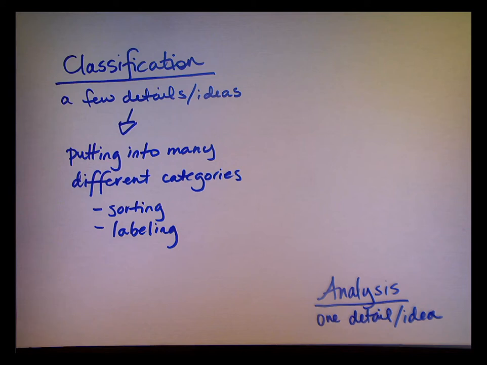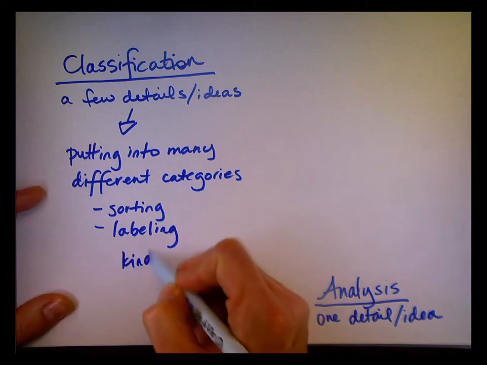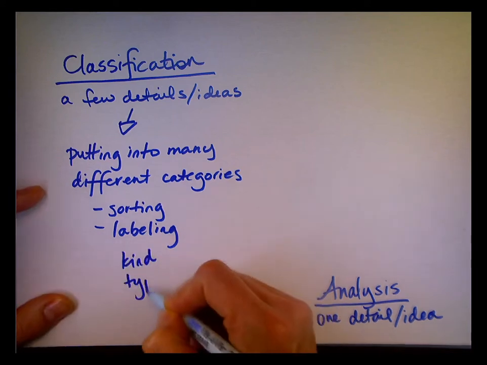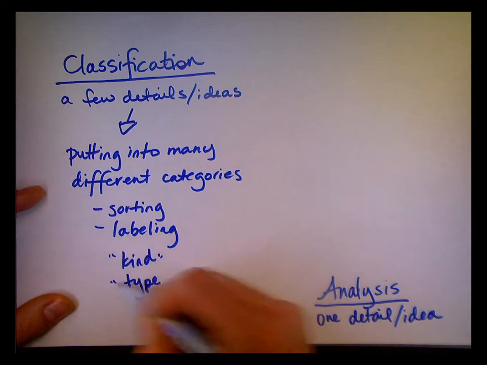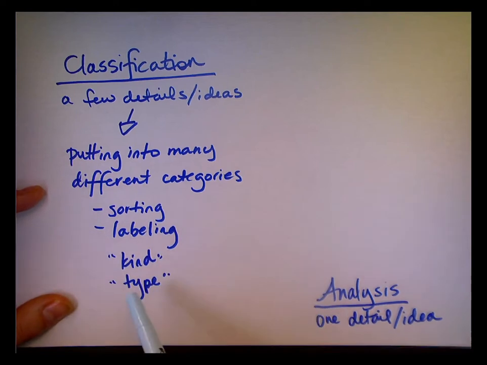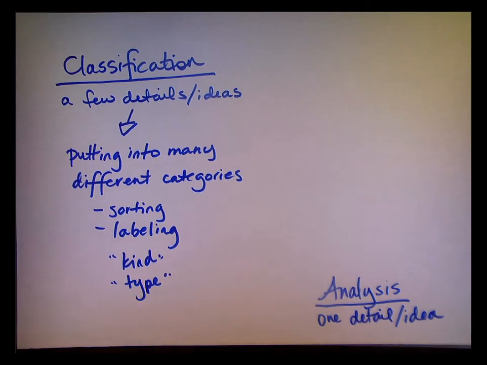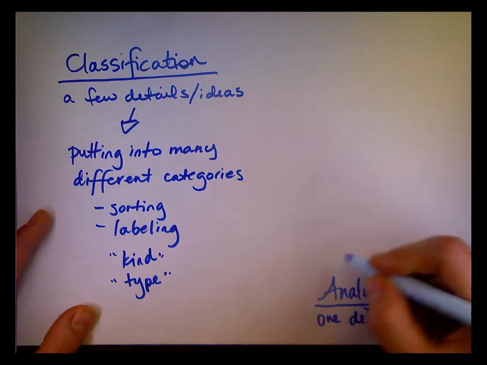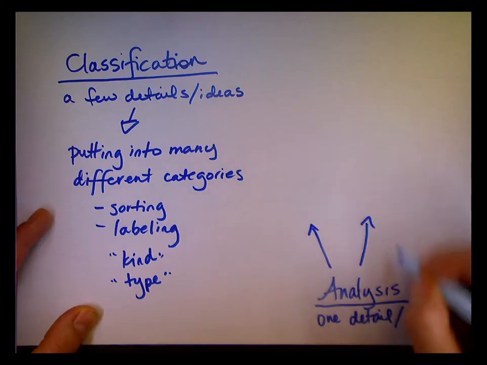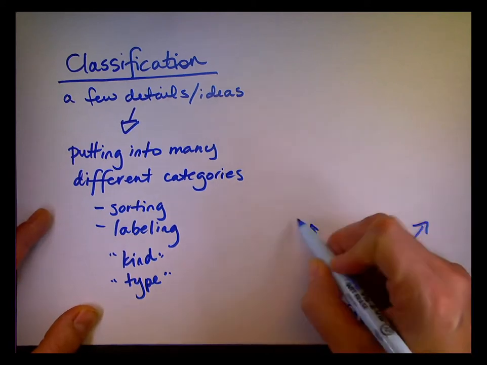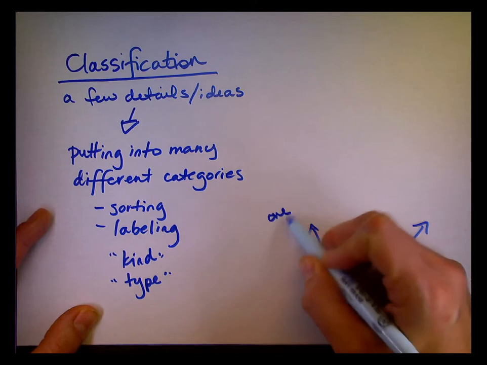It's classifying something as this kind or another kind, this type or some other type of thing, depending on what it is. Whereas analysis is taking that one detail and breaking it all apart.